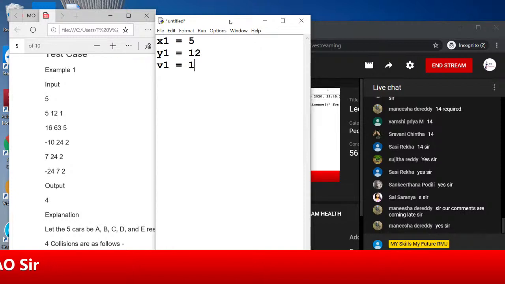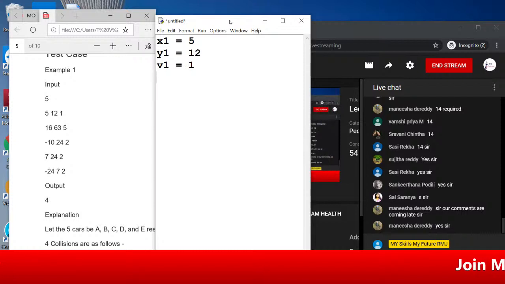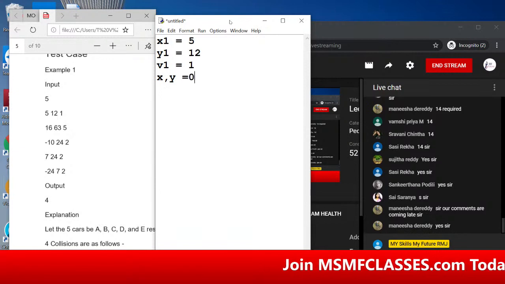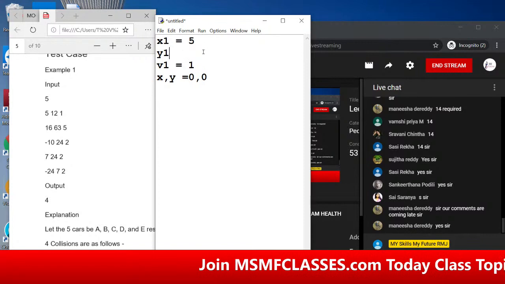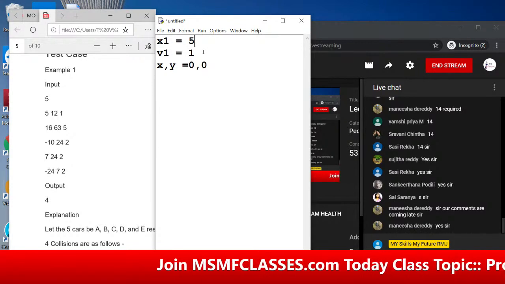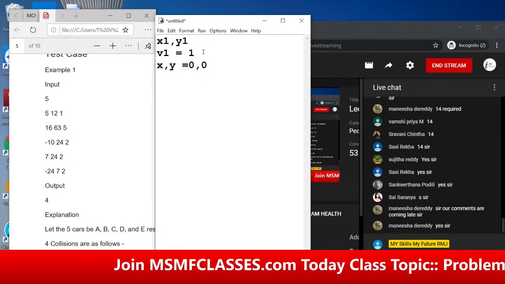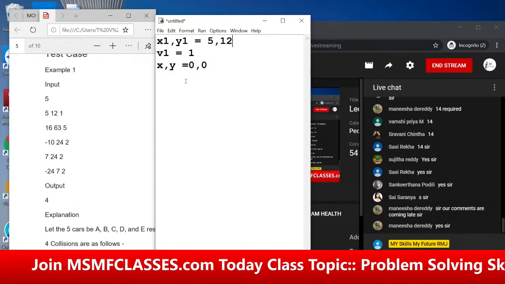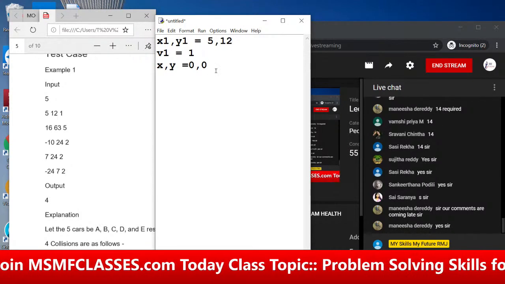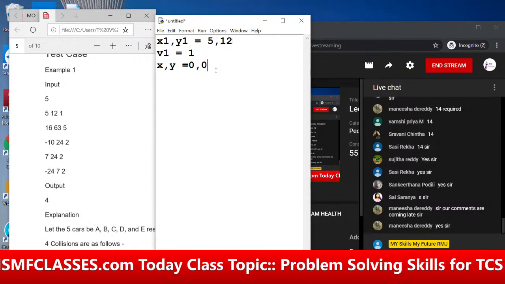Velocity v1 is 1. Now the destination is the origin. Here x1 comma y1 is equal to 5 comma 12. Okay, velocity is v1, destination is 0, 0.